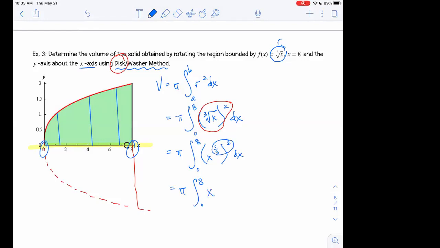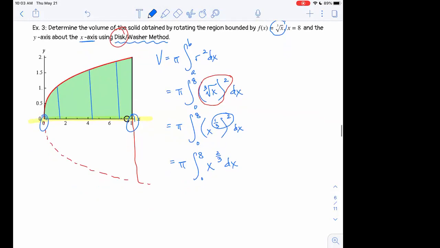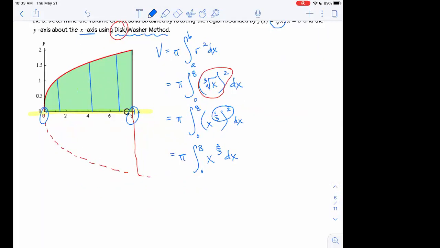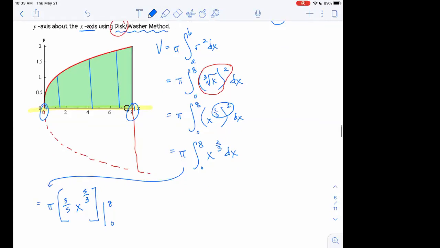So I end up with x to the 2/3 dx. Okay. All right, so now we've got our power visible, and we can go ahead and take our integral. So we'll have pi. I've got x to the 5/3, and then the reciprocal of that is 3/5. I'm going to plug in 8, and I'm going to plug in 0.